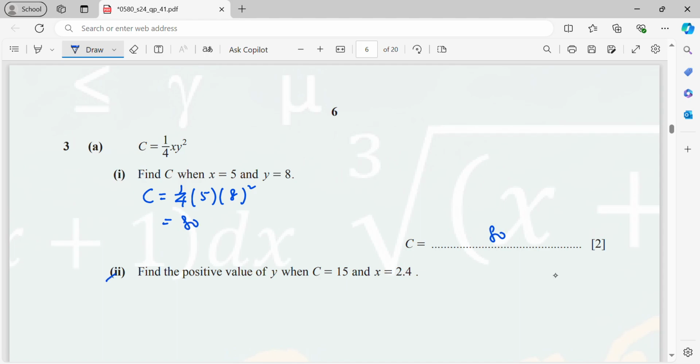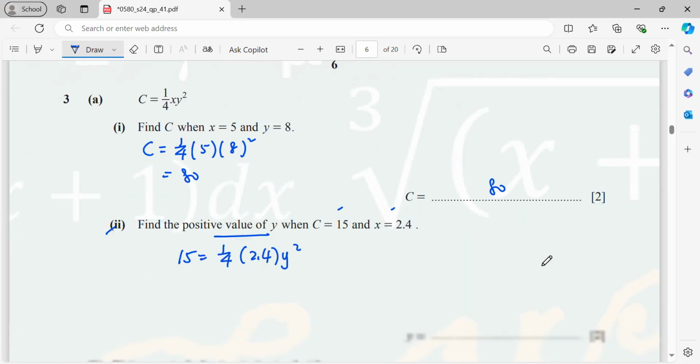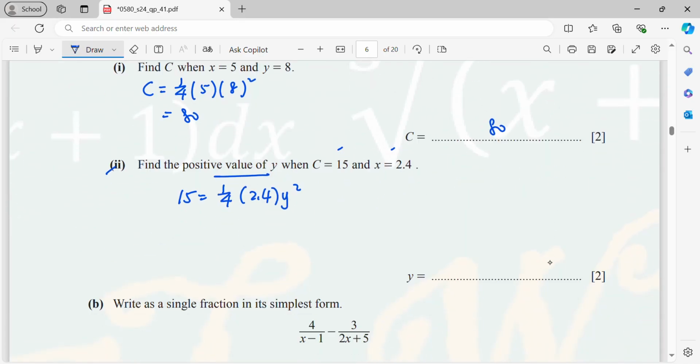Now part 2, find the positive value of y when given C is 15 and x is 2.4. So now 15 equals 1 over 4 times 2.4 y squared. For the y squared, you just times 4 first. I will get 15 times 4, that is 60.